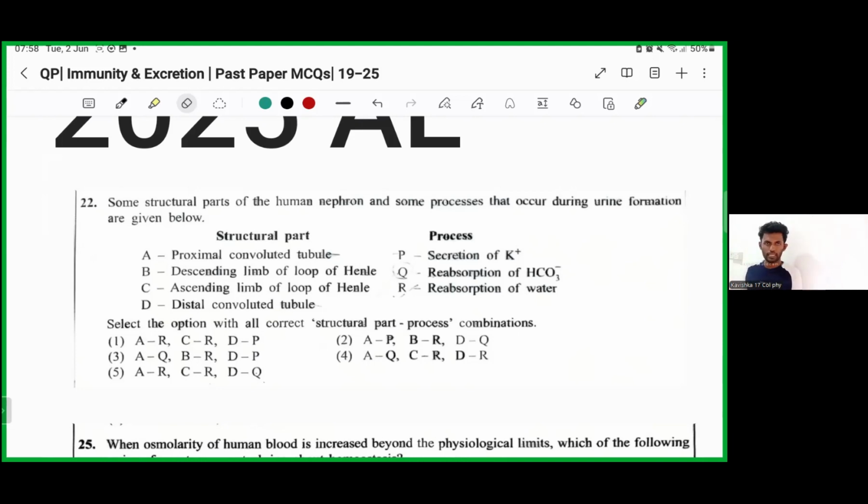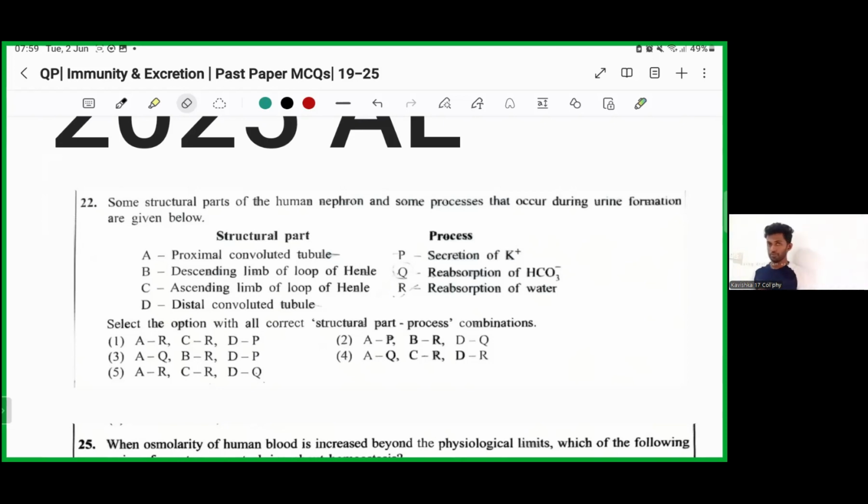That's clearly saying sodium chloride reabsorption, since sodium plus alone is only active, but here both active and passive are given. So B goes with R. B R is the second and third answers. Right? Then the third one, the ascending limb of loop of Henle, has nothing here to take, just the sodium chloride mechanism.